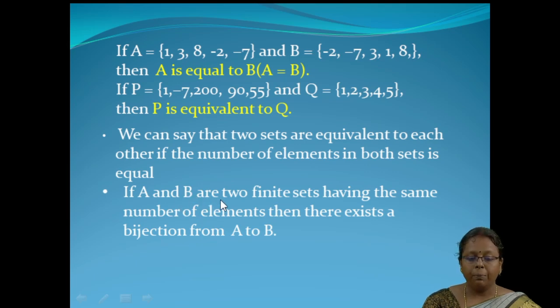If A and B are two finite sets having the same number of elements, then there exists a bijection f from A to B. So using all these preliminaries, we are going to define equivalent sets and countable sets. Every equal set is said to be equivalent, but equivalent sets need not be equal sets.